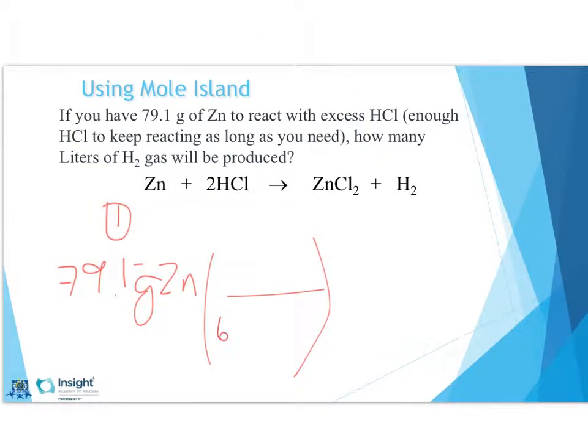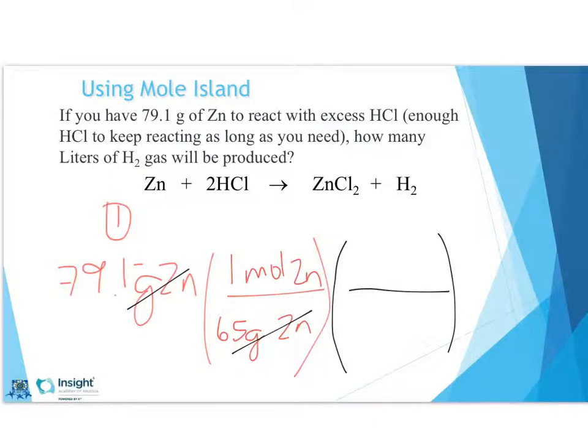So I've got 65 grams of zinc, and that's going to be equal to 1 mole of zinc. You'll notice I'm writing the element names in here, because it's helping me organize things, because not only do I need to cancel out zinc, but I need to cancel out grams of zinc. So grams of zinc gone. Now I'm in moles of zinc, which means I'm ready for step 2, molar ratio.